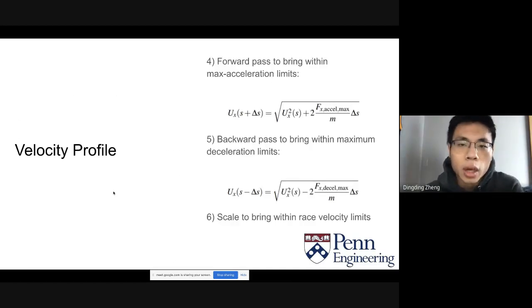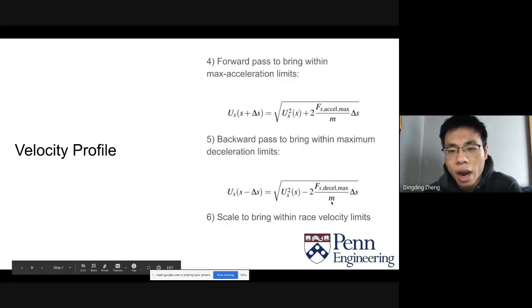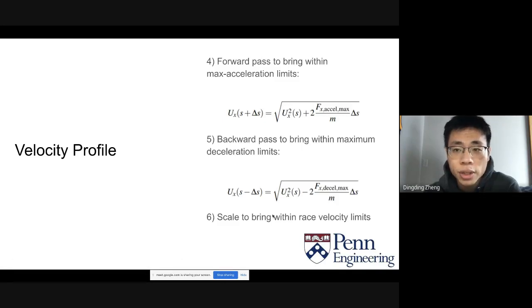As you know, our car, and any car, has a limitation for the maximum force, which means that you cannot have a very large acceleration or deceleration. So these two expressions are used to constrain your velocity change.